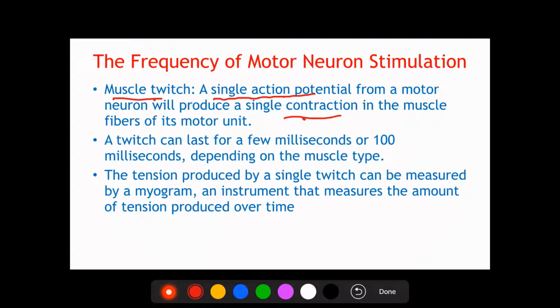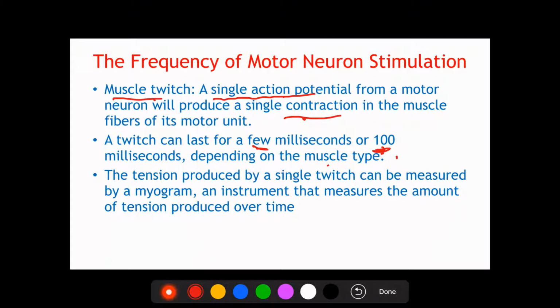A twitch can last a few milliseconds or 100 milliseconds depending on the muscle type. Like the muscles in our eyes, they will take only a few milliseconds to contract. Whereas, for example, the gastrocnemius muscle may take 100 or 200 milliseconds to contract. Still, this is extremely fast, beyond our realization.